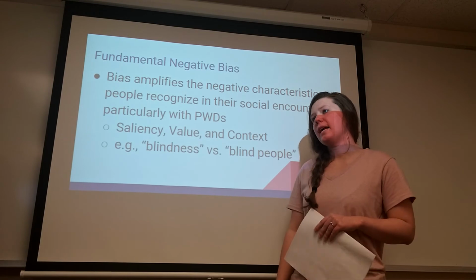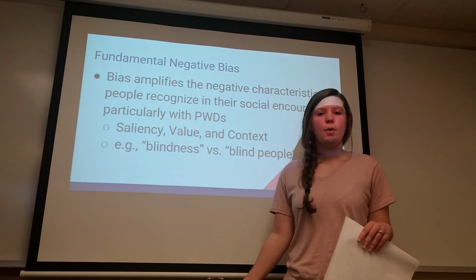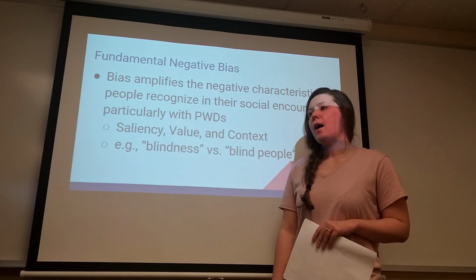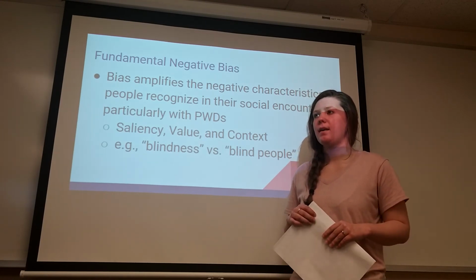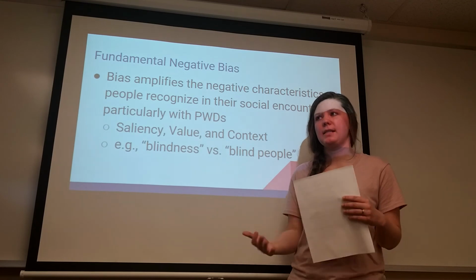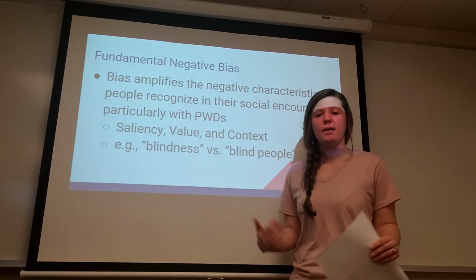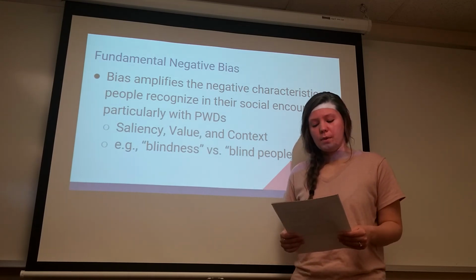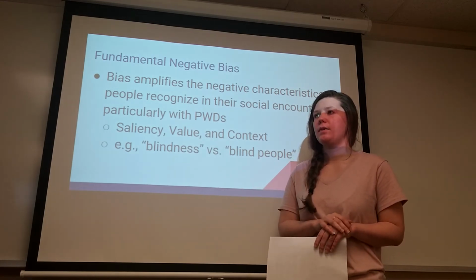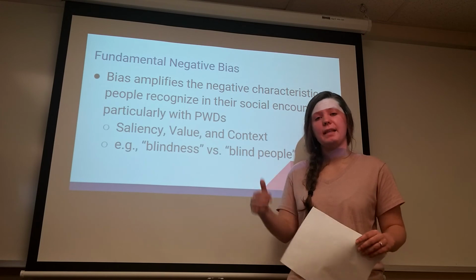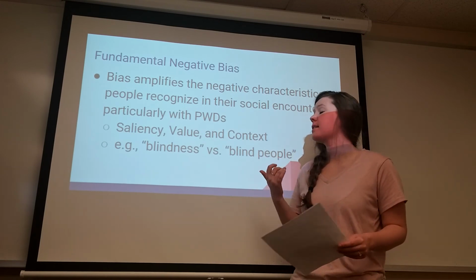So the fundamental negative bias is another component within stereotyping. When negative bias occurs, this actually amplifies the negative characteristics that people recognize in this PWD. So 3 specific components of this are required for this fundamental negative bias to occur, and that is saliency, value, and context.